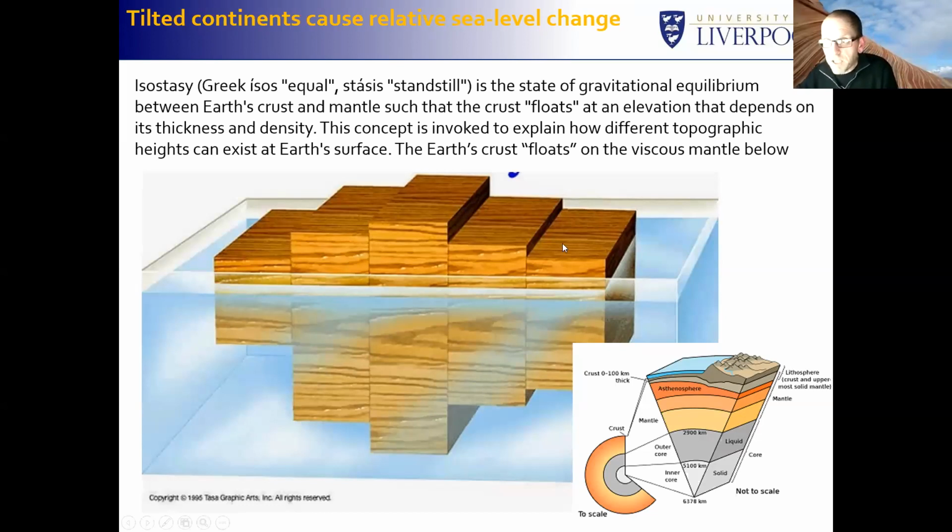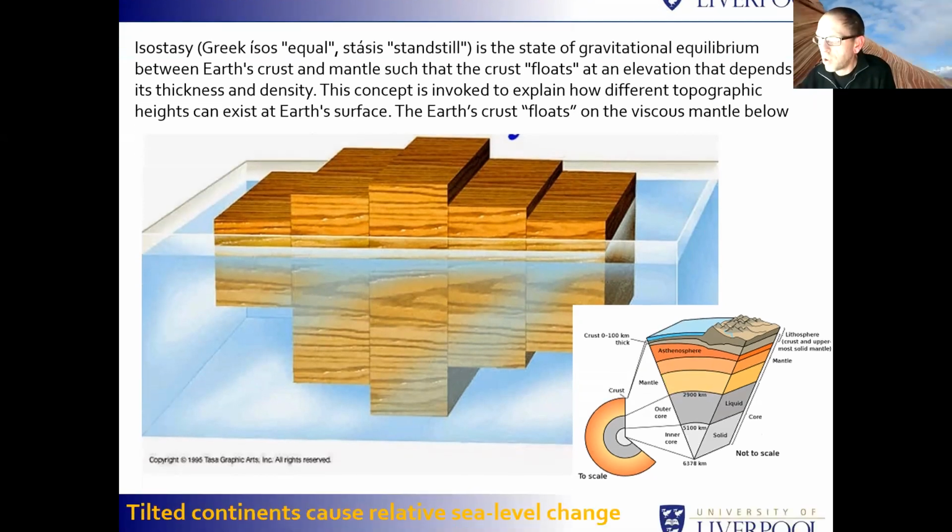Like icebergs, it has to be in balance or equilibrium, so it floats. And that means if you remove some mass from the surface of the Earth, you're going to get some uplift as the floating level changes to compensate. That's the essence of what isostasy is all about, all right?